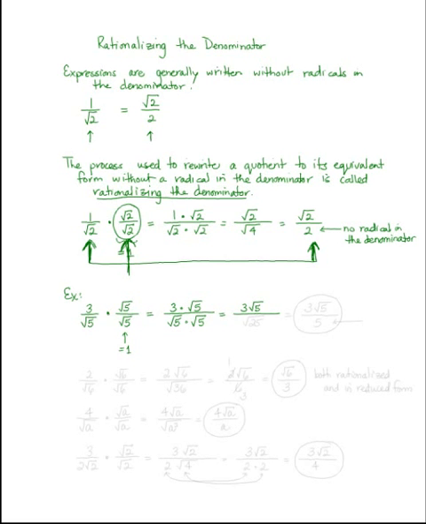Our denominator becomes square root of 25. But we also know that the square root of 25 equals 5. Our numerator is already in simplest form. So we have rationalized our denominator. Notice the denominator no longer has a radical sign.